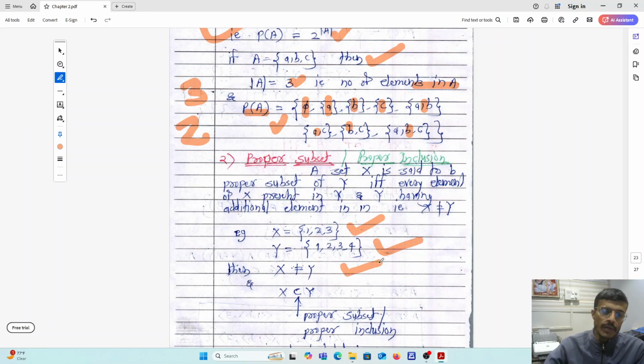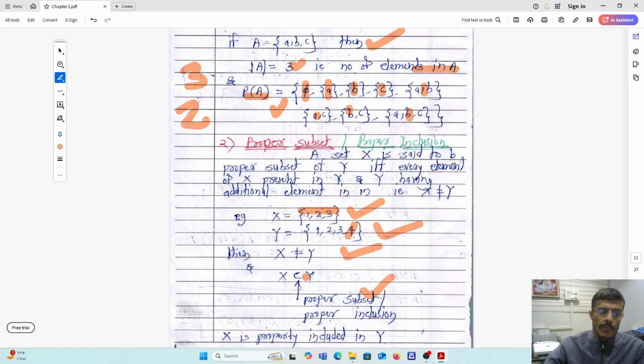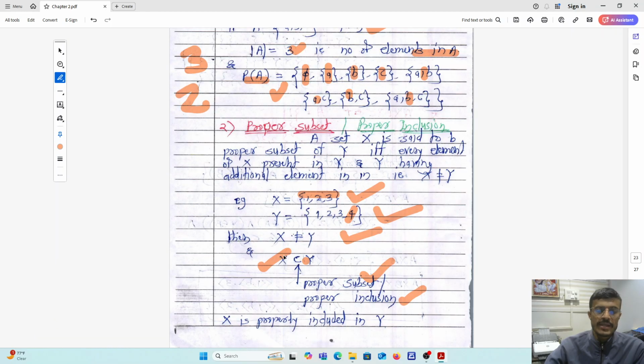X is not equal to Y. That is the condition for the proper subset or proper inclusion. All the elements of X are present in Y and 4 is the additional element with respect to set X. So that's why Y is called a superset and X is called a proper subset, or X is properly included in Y.